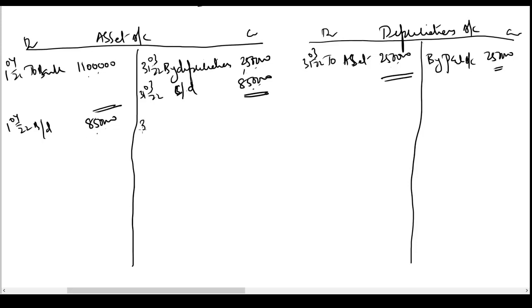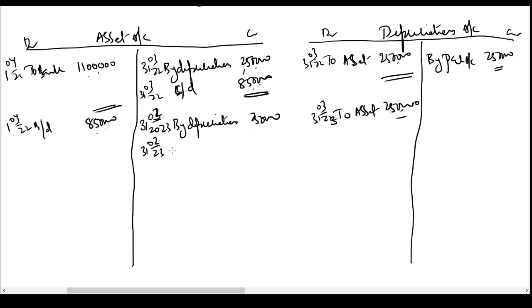Now at the end of the second year, we are again going to pass entry for depreciation. Depreciation account at R to asset is the entry. In the asset we'll write by depreciation 2,50,000. In the depreciation account, I'll pass the entry to asset, 2,50,000. On 31st March 23, there will be some balance left, carried down 6 lakhs. 1st April 23, brought down 6 lakhs.